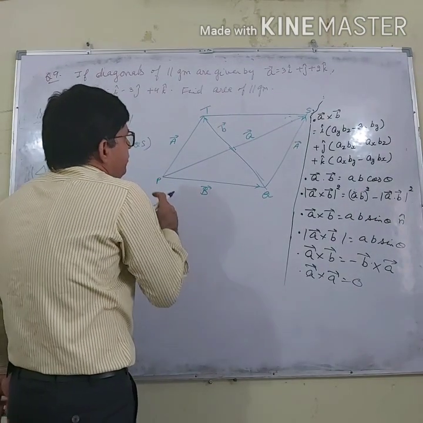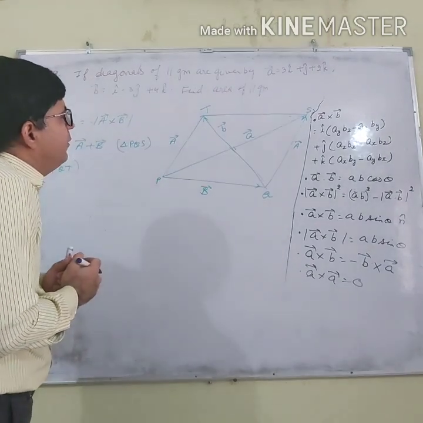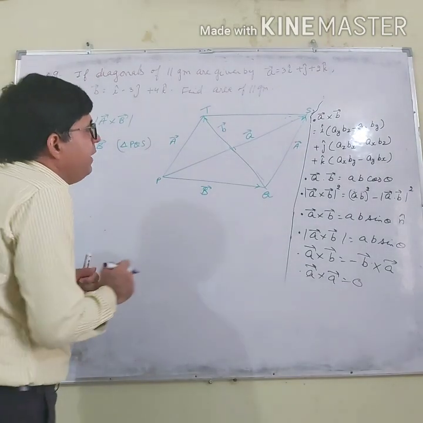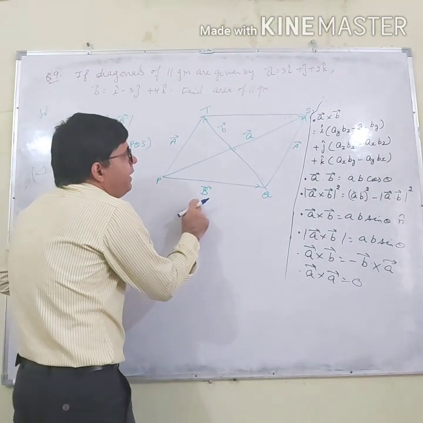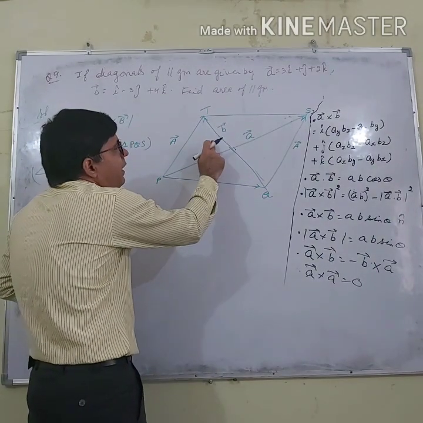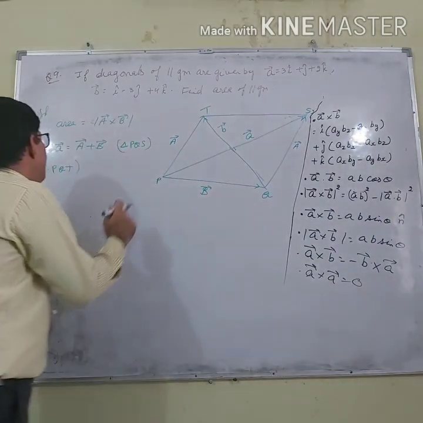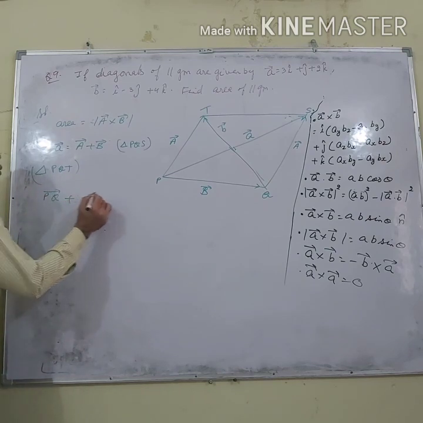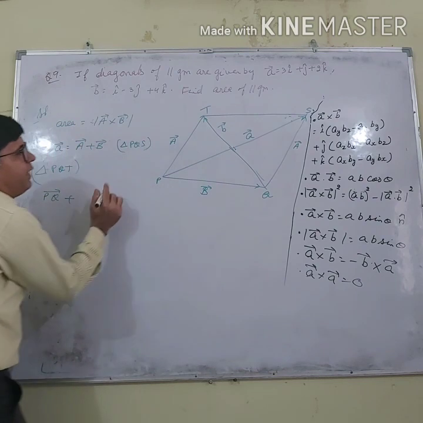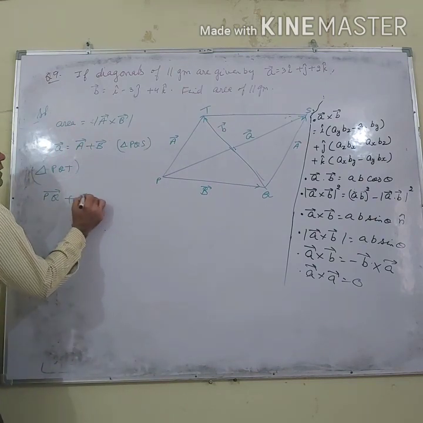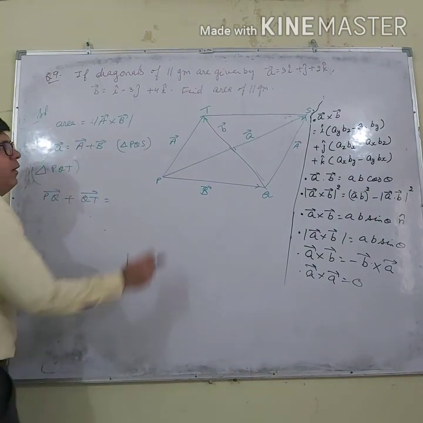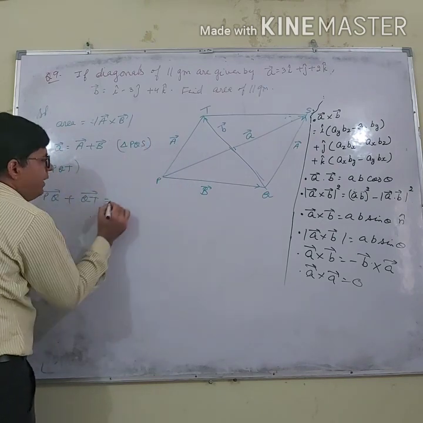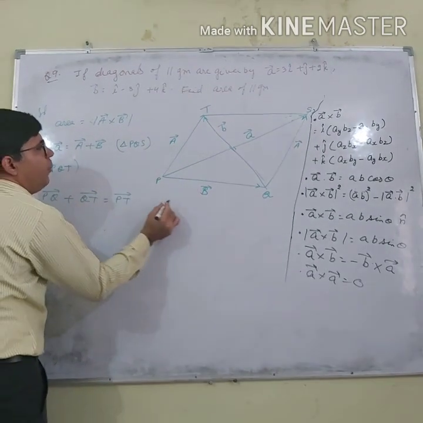Now, in triangle PQT, vector capital B and vector small b. Let me write: in PQT, vector PQ plus vector QT, they are in the same order. It will be equal to PT because PT is in the opposite order.